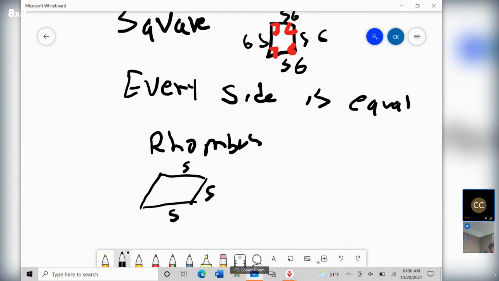All four sides are going to be equal, but the thing that's going to distinguish this is the angles on the opposite sides are going to be equal.